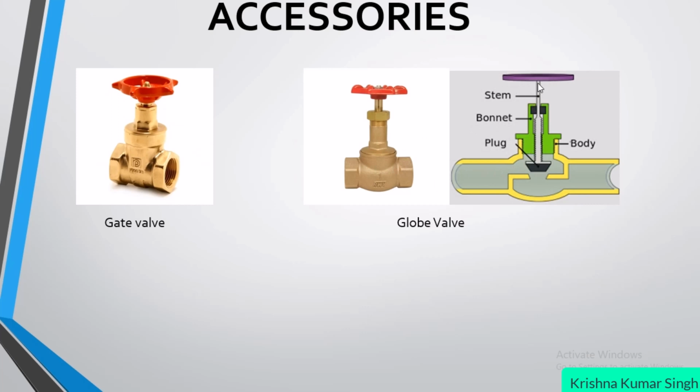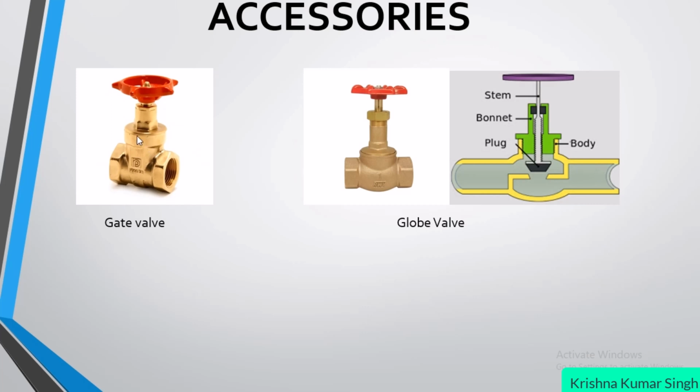When you rotate this circular piece, the stem will move up and down, right? This is how it reduces the flow of water. So it is also used for fully open and fully closed conditions, but you can also use this valve in between, to reduce the flow rate of the water.